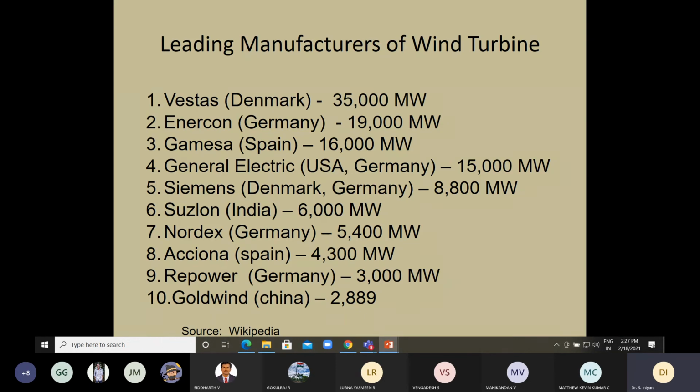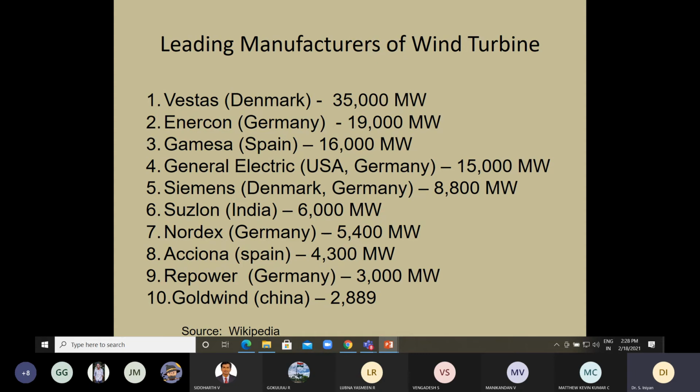And these are the leading manufacturers of wind turbines in India: Vestas, Enercon, Gamesa. Gamesa is a familiar one, I think from near Pural and near Chengalpet.